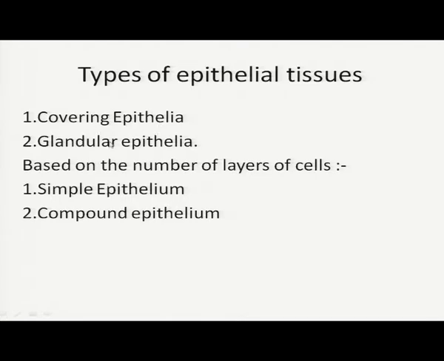The second category, that is glandular epithelial tissue which can act as a gland. Now, based on the number of layers of cells, we can classify these epithelial tissues into two different groups: simple epithelium and the other is compound epithelium.